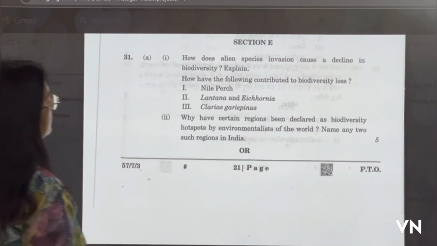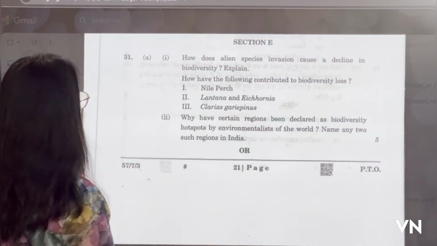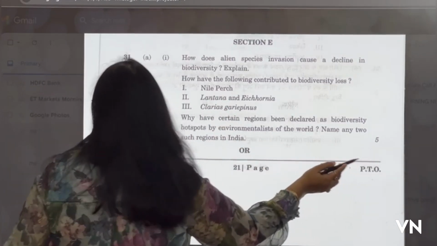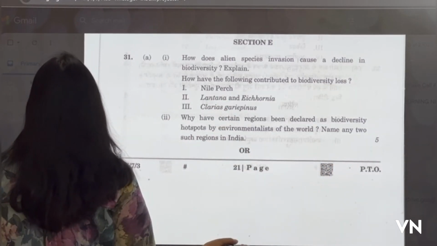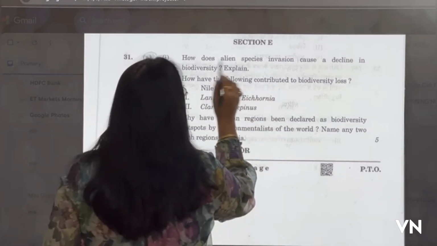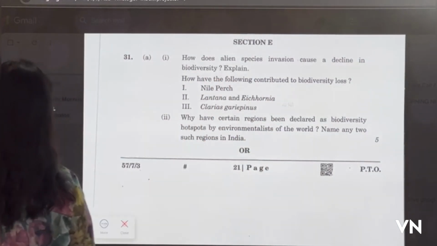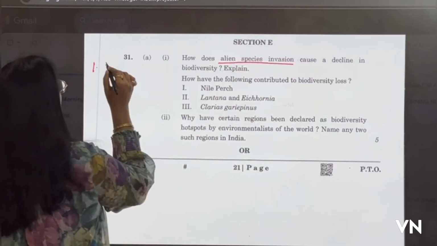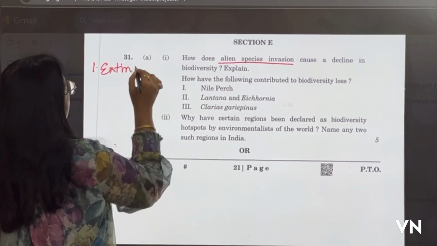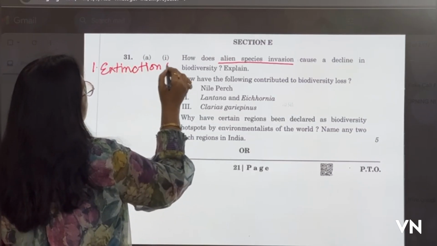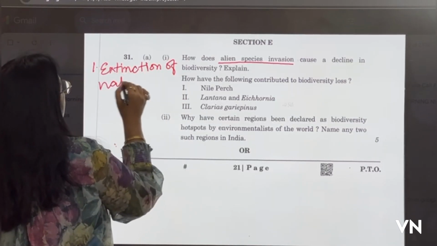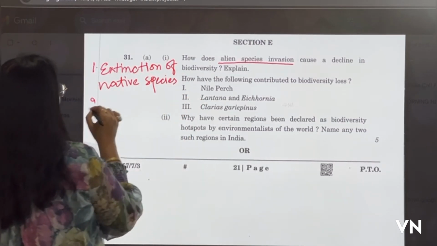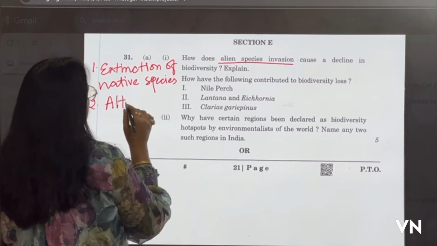Section E: how does alien species invasion cause a decline in biodiversity? This is a question of 5 marks, and you are supposed to give 3 points in part A. Number 1, alien species invasion leads to extinction of native species. Second, alteration of habitats.